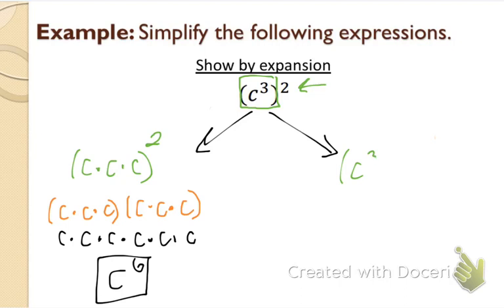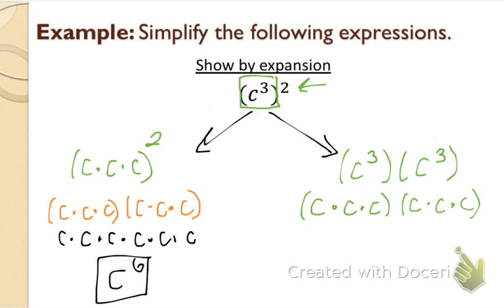So C cubed times C cubed. Inside each parentheses, I have C cubed, and that means C times C times C, C times C times C. Well, without so many parentheses, I have 6 C's multiplying each other. So really, this is just C to the 6.